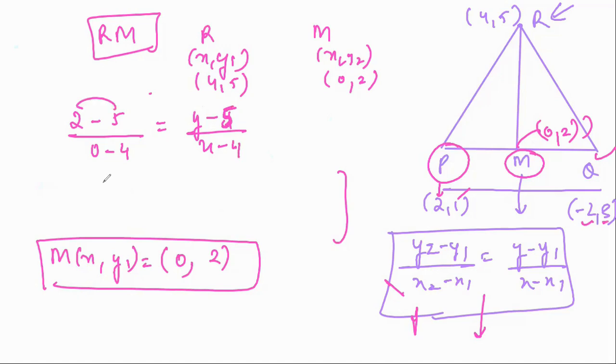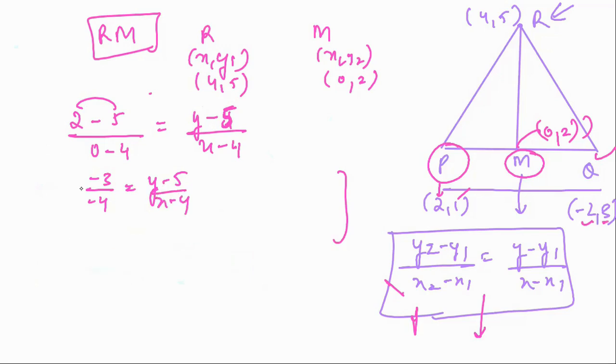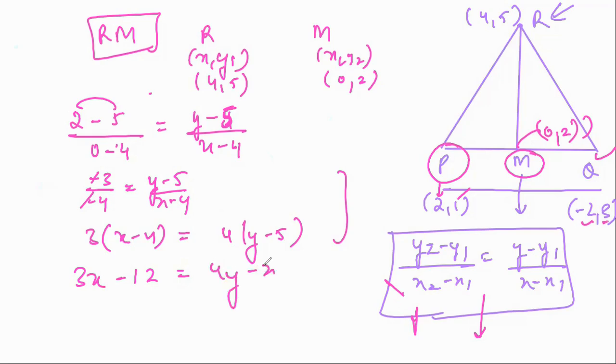Now 2 minus 5 is minus 3, over 0 minus 4 is minus 4, equals (y minus 5) over (x minus 4). Now let's sort out this equation. Minus and minus cancel out because they are in a division. Now let's cross multiply: 3 times (x minus 4) equals 4 times (y minus 5). When we open the brackets, it's your choice how you want to write the whole equation.